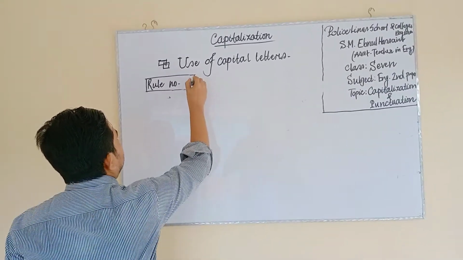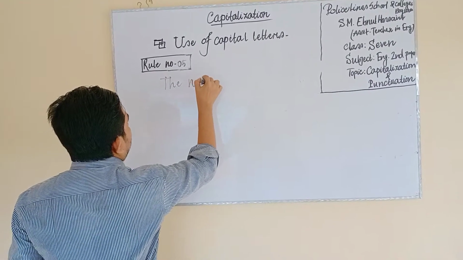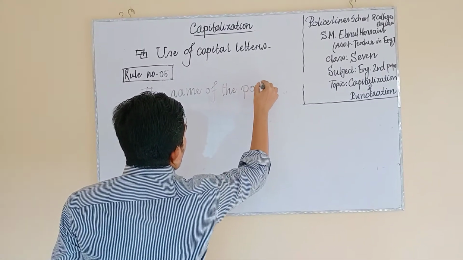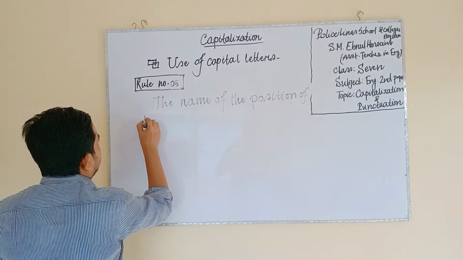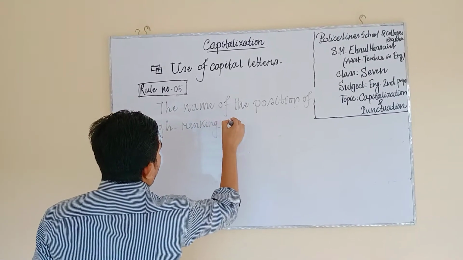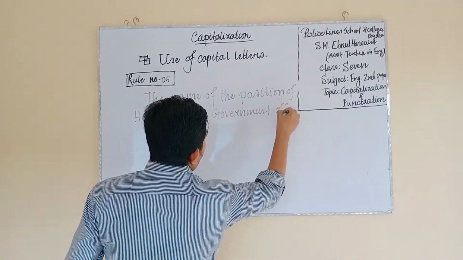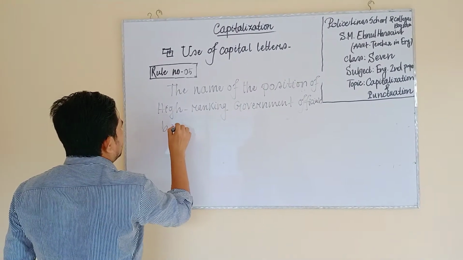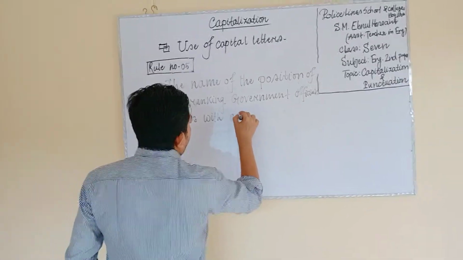Rule number 5. The name of the position of high-ranking government officials begins with capital letters.